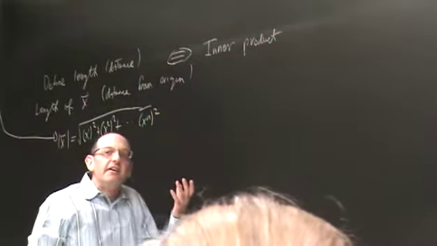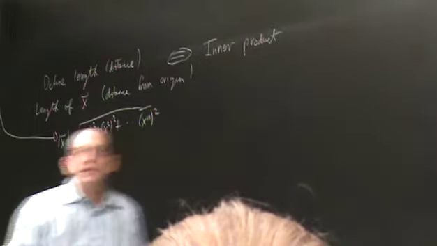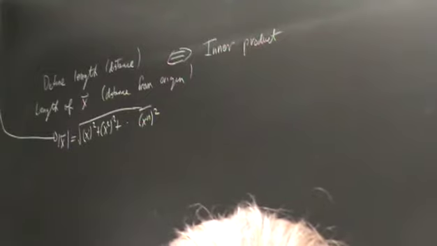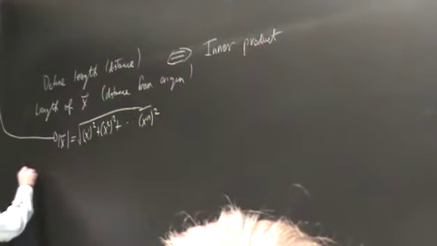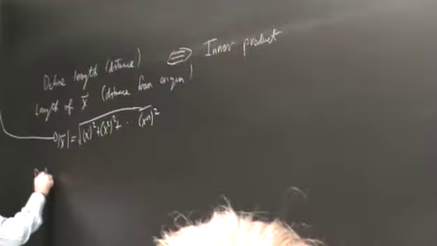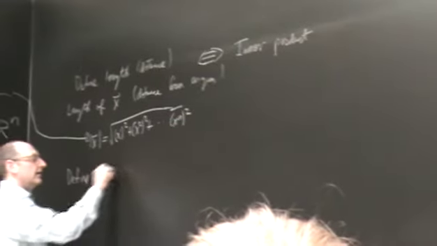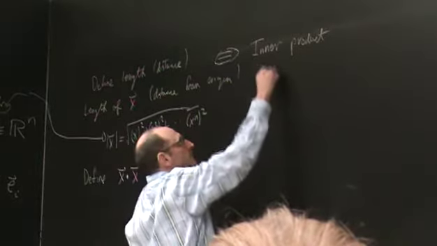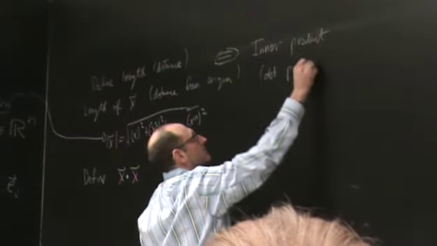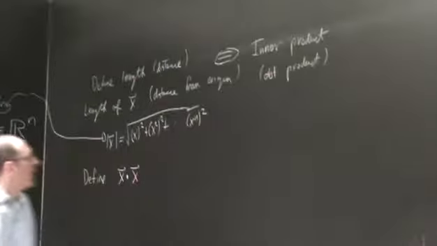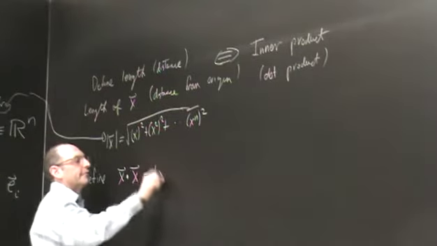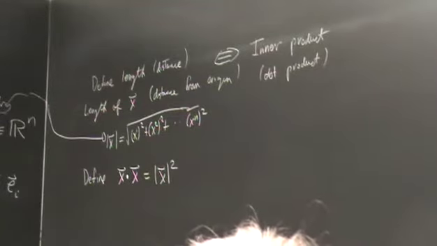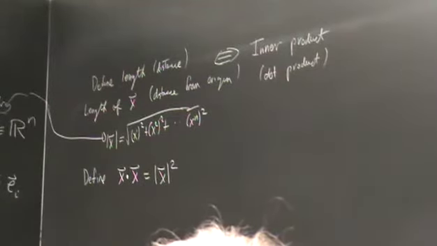Not every vector space has an inner product. But once we define length, we have inner product, because by definition, we define the inner product or dot product as the length squared. Okay? So that's equal to this.